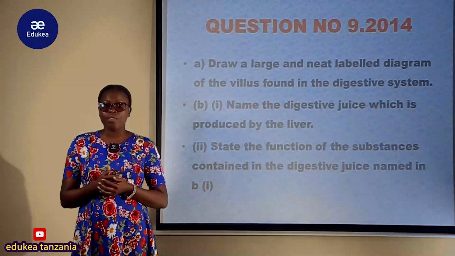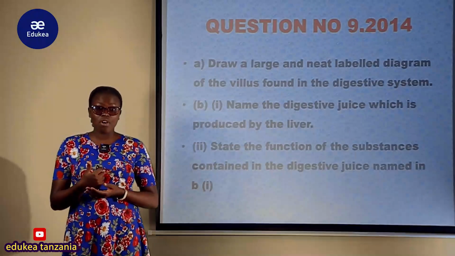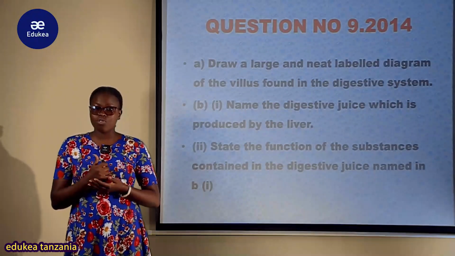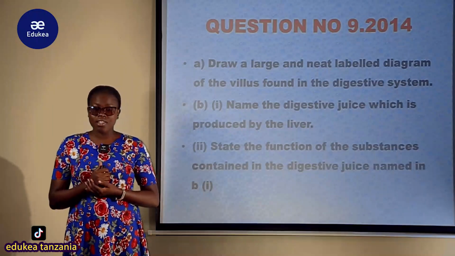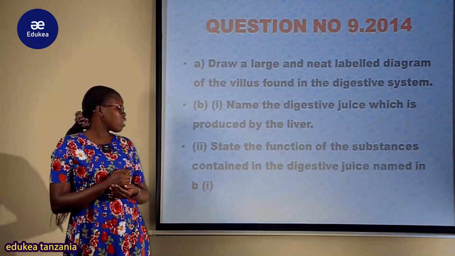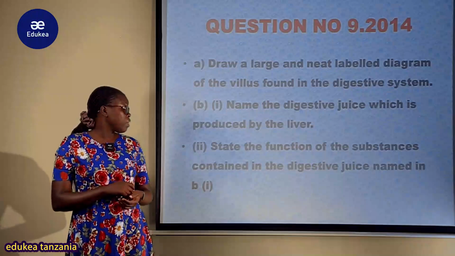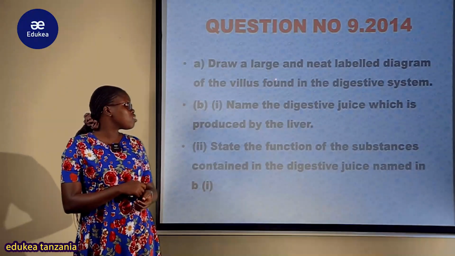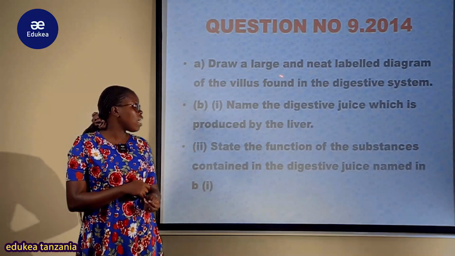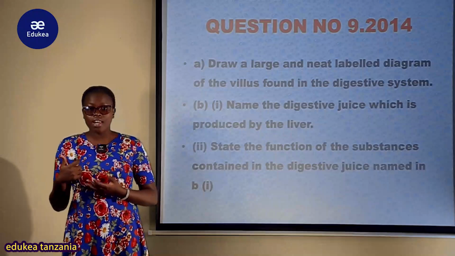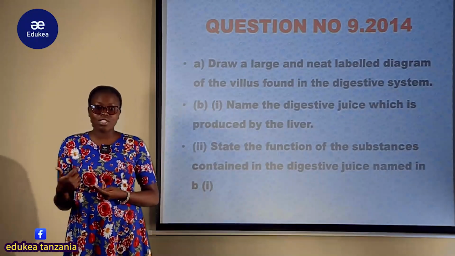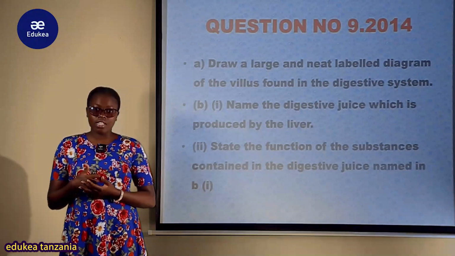My lovely Form 4 students, before we answer the question, first of all, we have to obey the instruction. Our instruction for this particular question is, first, you have to draw a large and neat labeled diagram. Draw and label correctly the structure of the villus which is found in the digestive system.